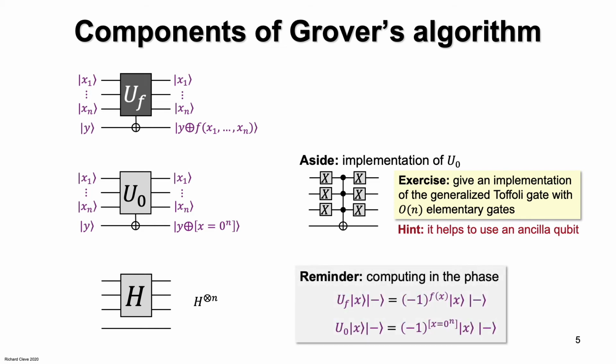Also, we will use the UF and U0 gates with the target qubit set to the ket minus state, which causes the function value to be computed in the phase. For U sub f, this means that ket x picks up a phase of -1 if and only if f of x equals 1. For U0, this means that only the ket of the 0 string picks up the phase of -1.